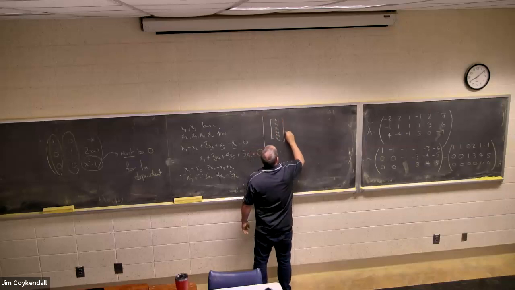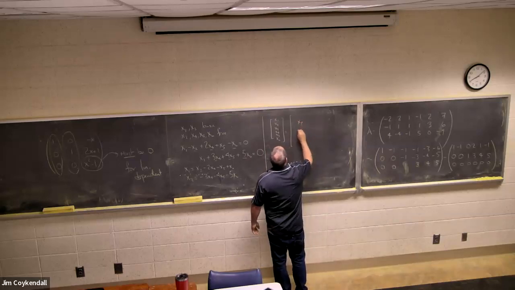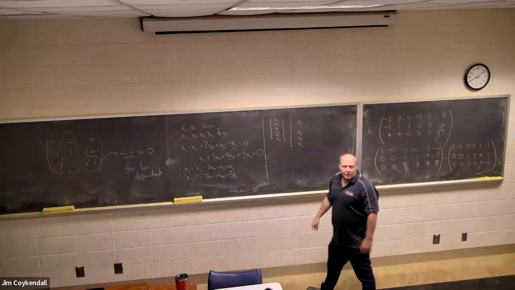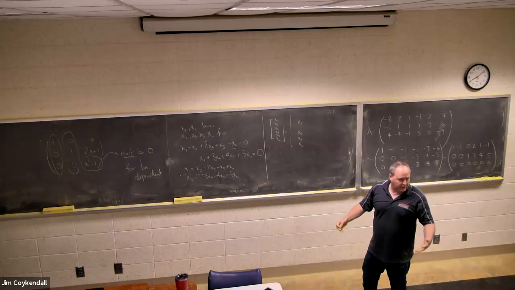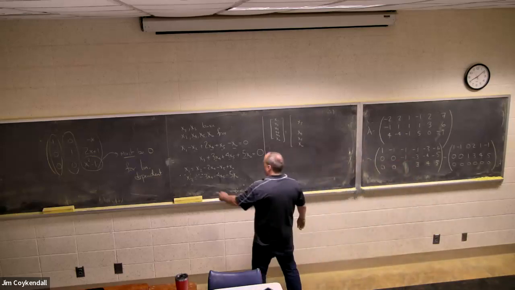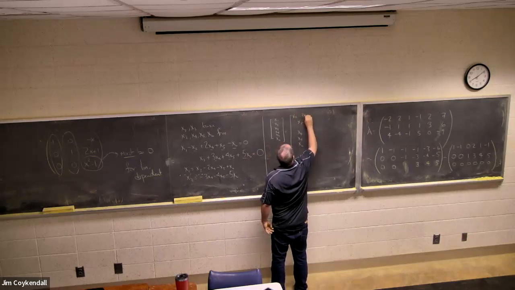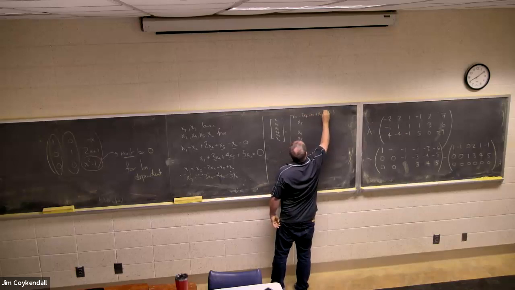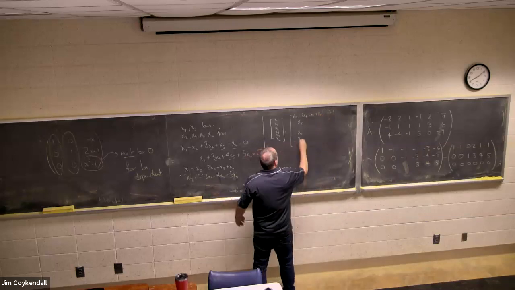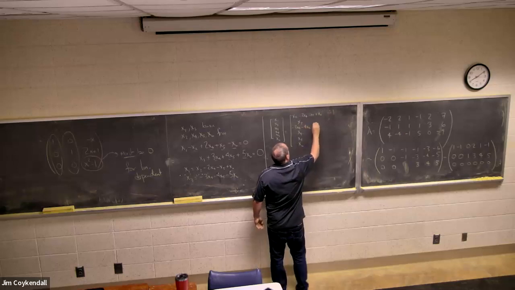I like to write it down this way so I've got my bearings. x2, x4, x5, x6 are all free, so I put them in as is. But x1 and x3, the basic ones, I can replace with the others. So x1 is x2 minus 2x4 minus x5 plus x6, and x3 is minus 3x4 minus 4x5 minus 5x6.